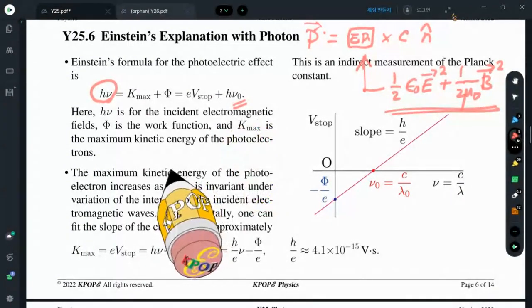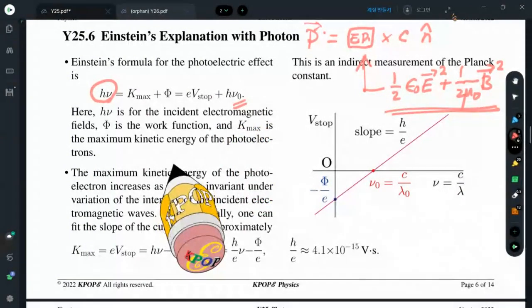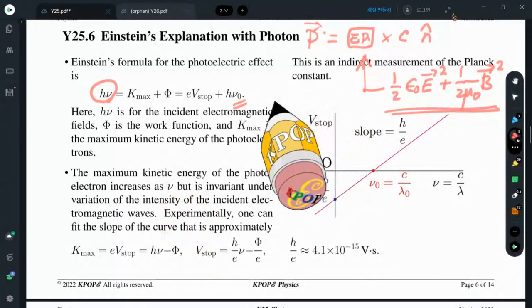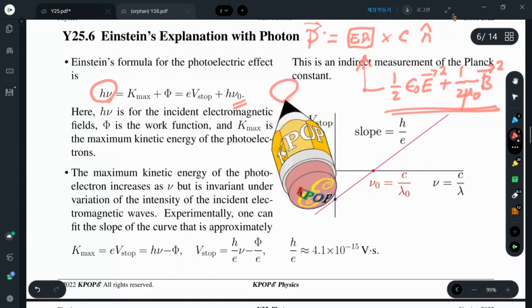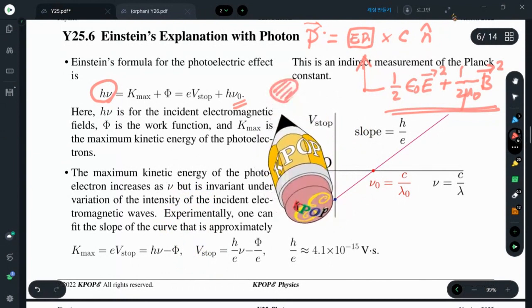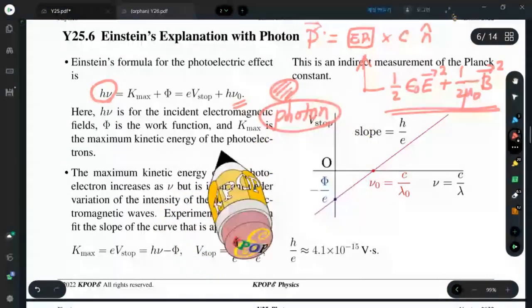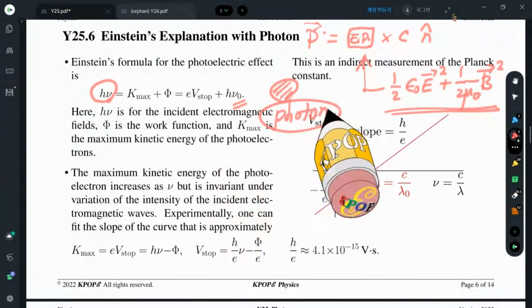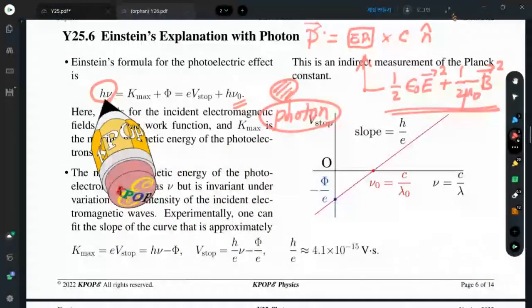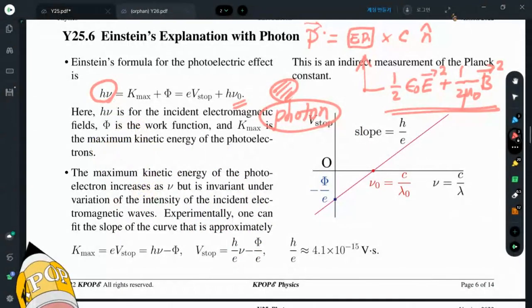So Einstein proposed that this energy of an electromagnetic field is transferred to the electron through a single particle that is called photon. And a single photon has a certain energy that is h nu.